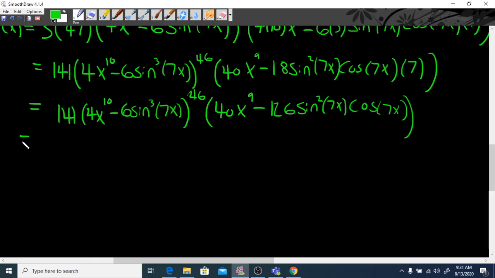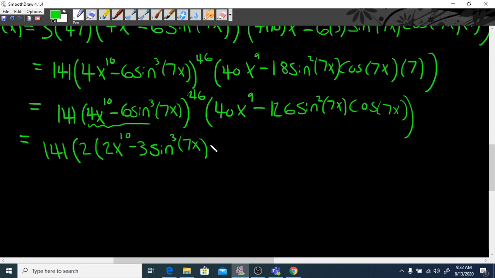What I'm going to do inside this parenthesis is we have a greatest common factor of 2. But we have to be careful because the whole thing's being raised to the power of 46. Okay, so we're going to have 141. And then I'm going to factor the 2 inside first. So 2, that's going to leave 2x to the 10 minus 3 sine cubed of 7x.